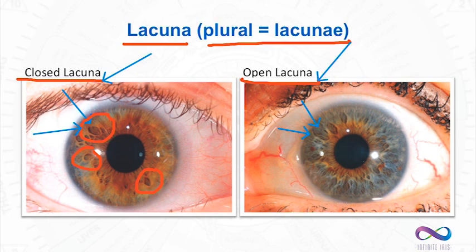So a closed lacuna is a more genetically deficient area than an open lacuna. But with an open lacuna, they can get toxins out easier, and sometimes they may be feeling it in the moment more so than an area of a closed lacuna.